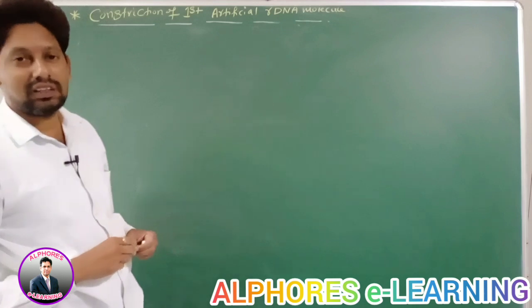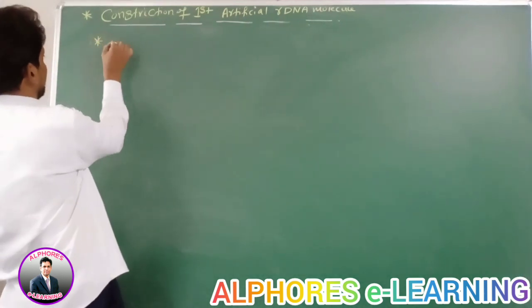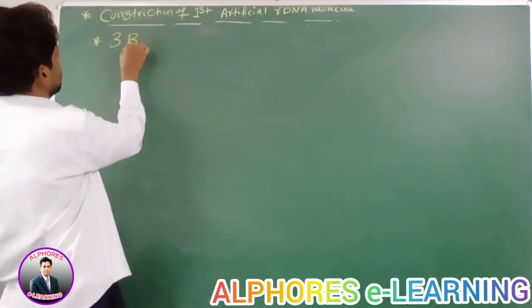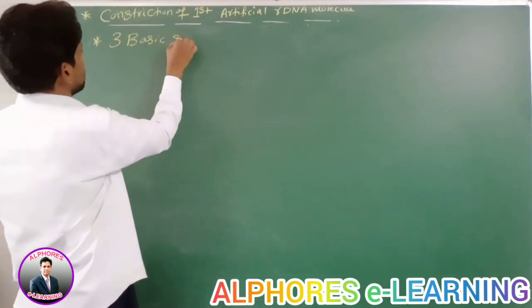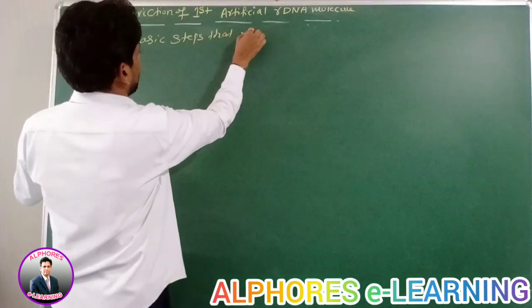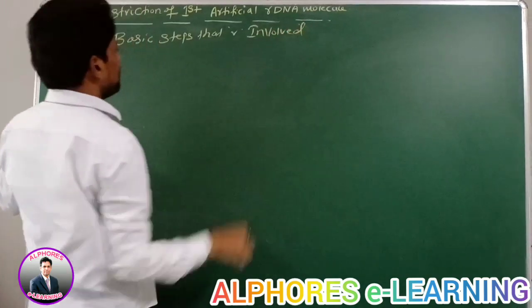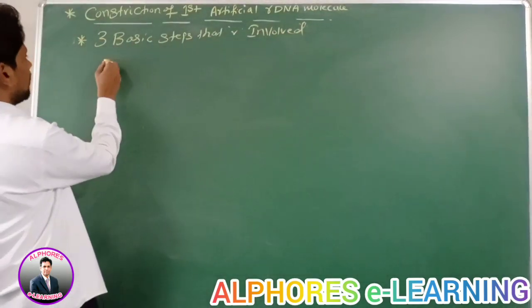Basic steps that are involved in genetically modifying an organism are 3 basic steps.